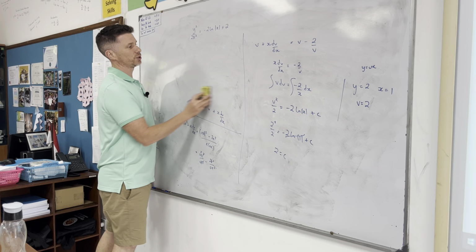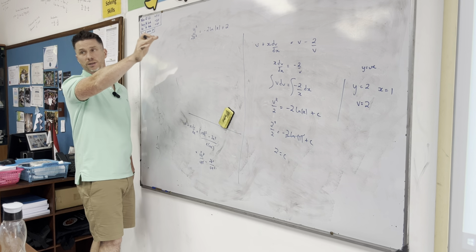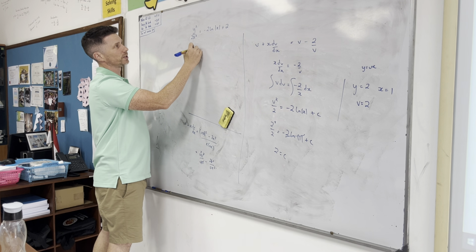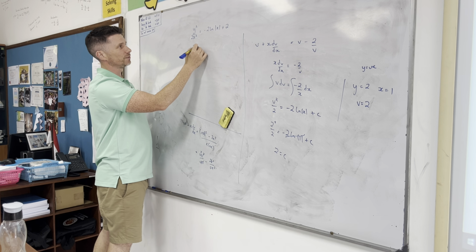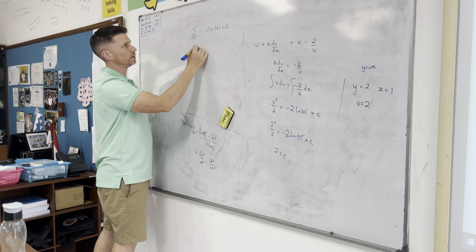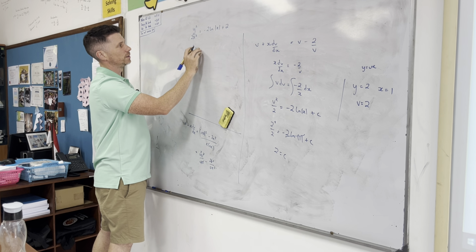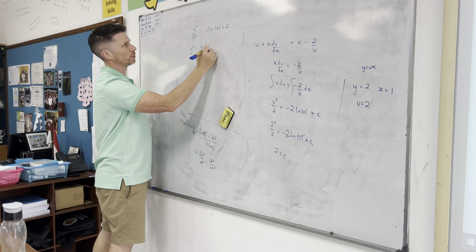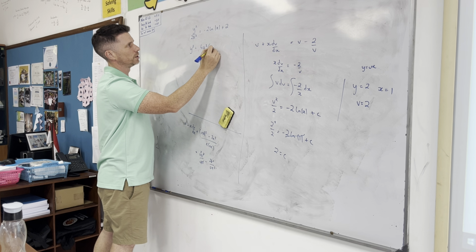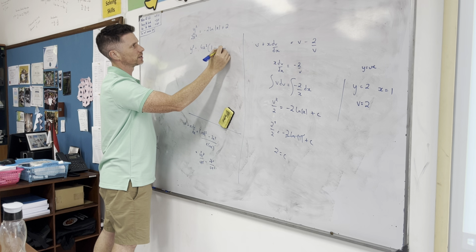We're pretty much there. We just need to get rid of that 2x squared over here. Whatever way you multiply it over, you can factor it out if you want. I think the way I wrote it is 4x squared 1 minus ln x.